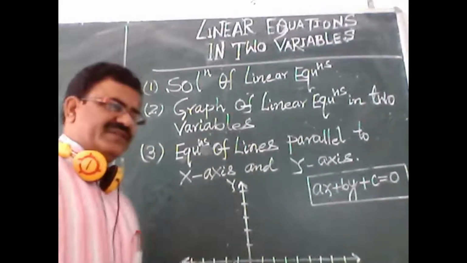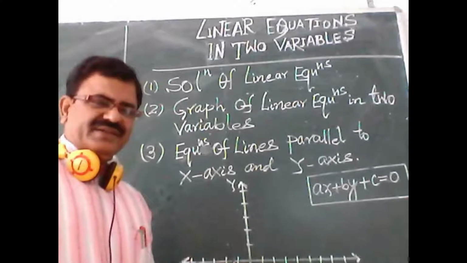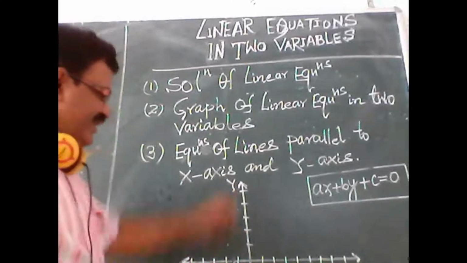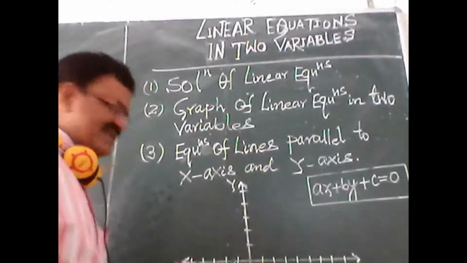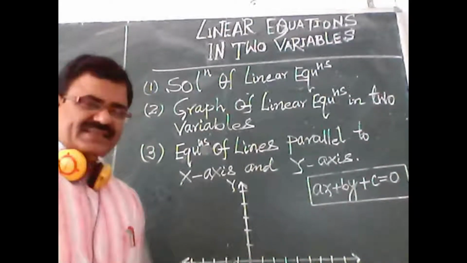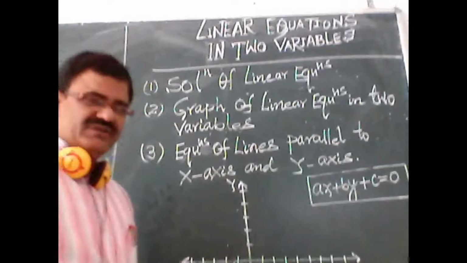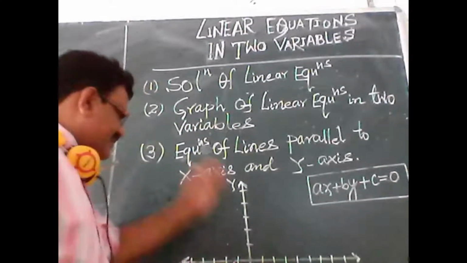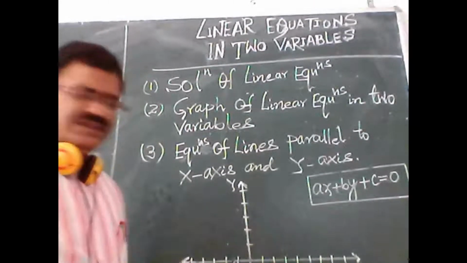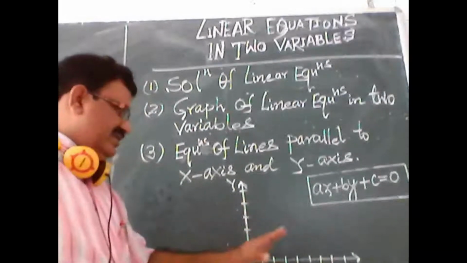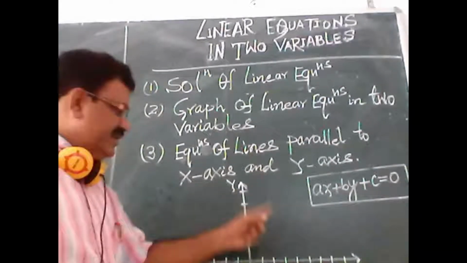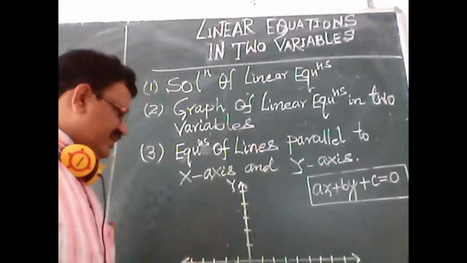First of all, I want to say that in this chapter, I think, it is very easy for a student. In our previous chapter, coordinate geometry, you have seen there are two axes: x dash, which is called the x-axis, and y dash, which is called the y-axis. The x-axis and y-axis intersect at a point which is called the origin, and the entire plane surface is divided into 4 parts: quadrant 1, quadrant 2, quadrant 3 and quadrant 4.